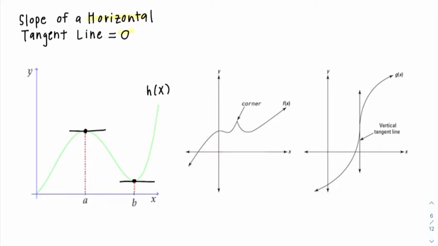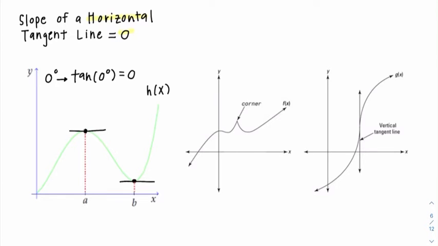We can also verify this using angles, because at either of these points, the tangent line makes an angle of 0 degrees with the horizontal x-axis, and when we take tangent of 0 degrees, it gives us 0, which confirms that the slope of the tangent line at these points is 0.